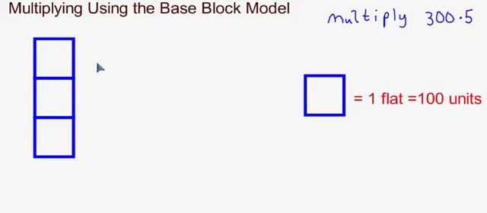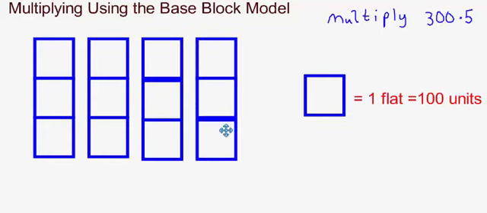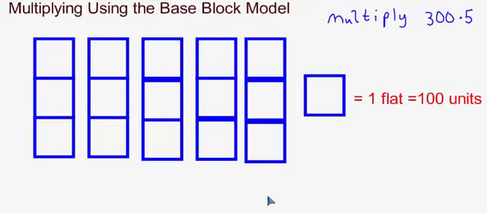So this would represent 1, 2, 3 flats or 300 units, and now I need to make 5 copies of that. So this would be 1 copy, this would be 2 copies, 3 copies, 4 copies, and finally 5 copies.